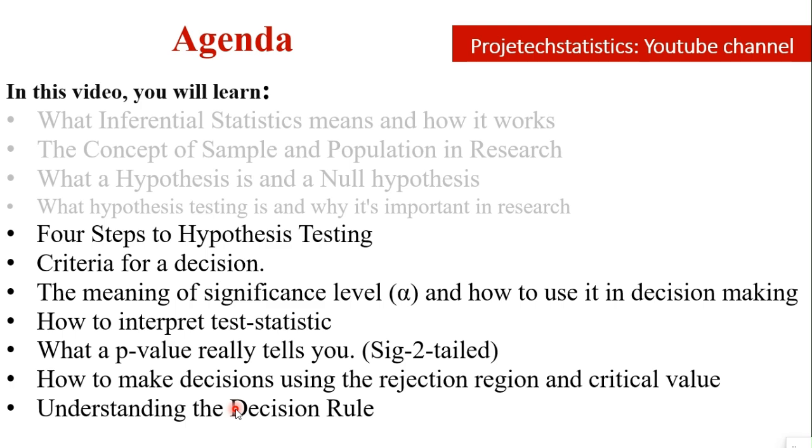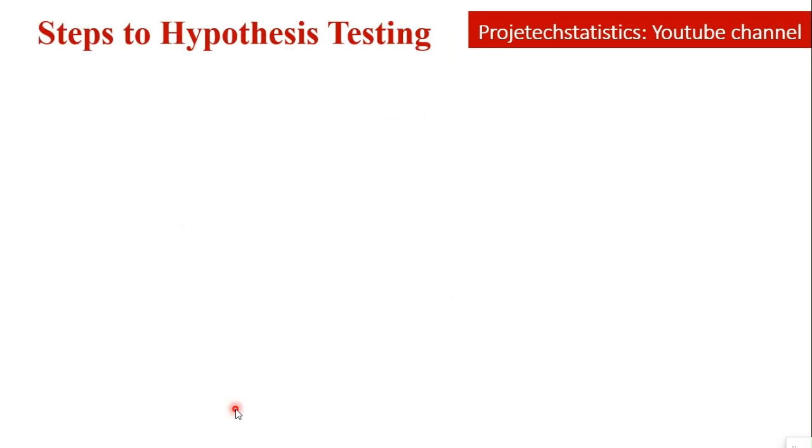So I really want to encourage you to watch this video, whether you are using SPSS, Stata or R, or you are just starting to learn statistics, because this video is going to give you a good foundation for understanding decision making in research.